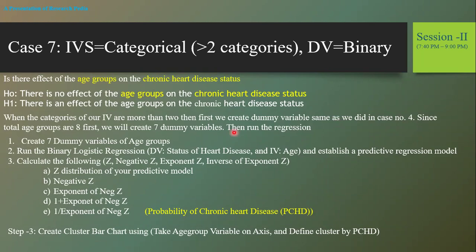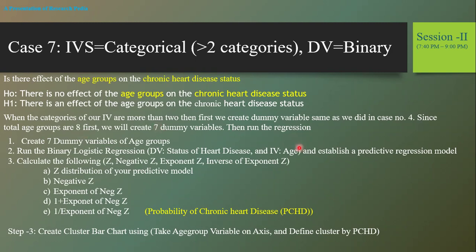To create dummy variables, you need to see how many categories you have. In our case, we have 8 categories of the age group, so we can create 7 dummies. It means we will consider one age group as a reference category.